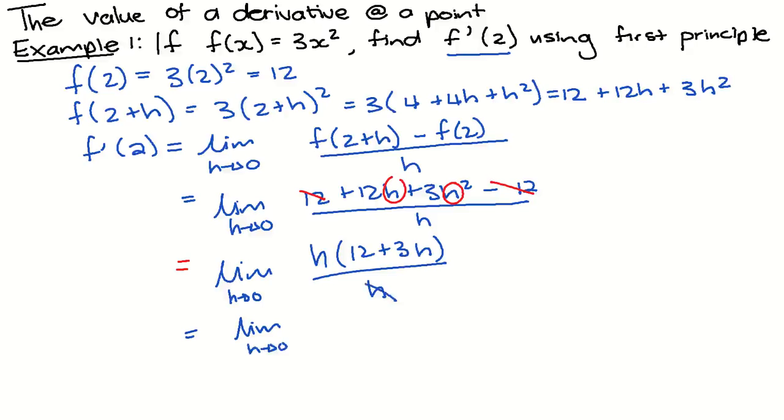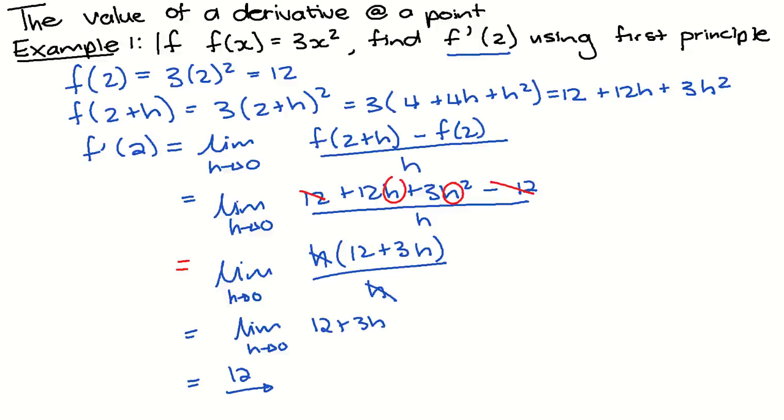My h's can now cancel, and I'm going to substitute my 0 into that h, which means I'm left with 12 as an answer. And let me go back one step. We end up having 12 plus 3h. Now when I substitute that h in, my limit drops away and I'm left with an answer of 12.